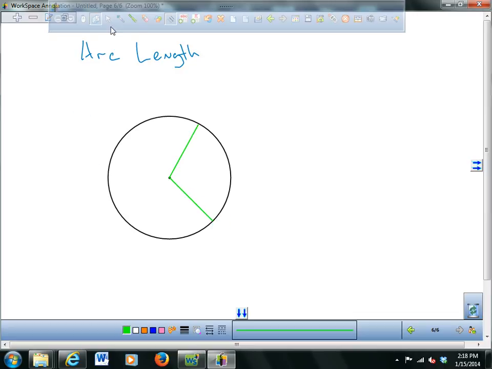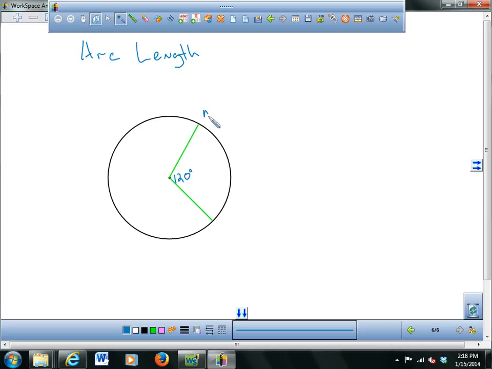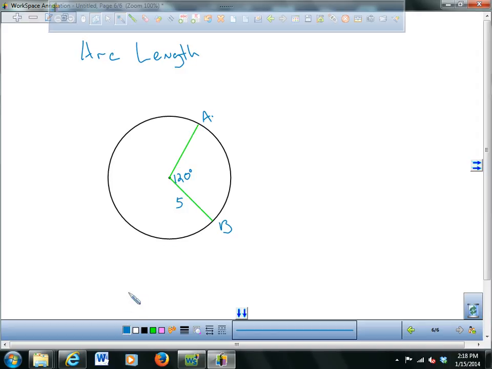There. And say that this angle here is 120 degrees, okay? And measure of arc AB, and let's say that this is 5, okay? Arc length and arc measure are two different things. Arc length they usually abbreviate with L.